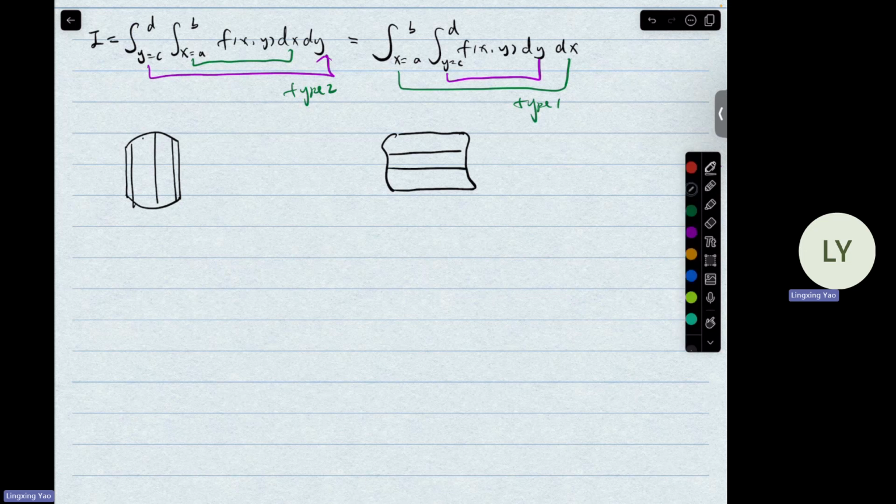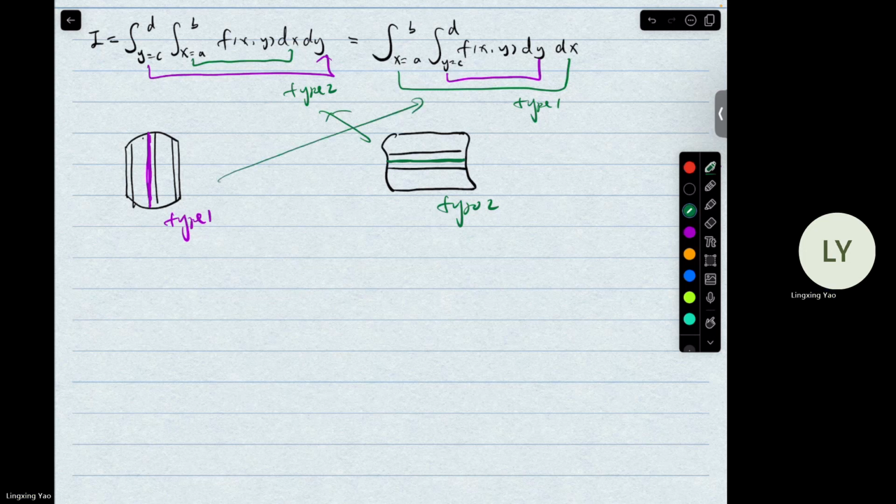Okay, so if we integrate along the vertical line first as the interior integral, then this is a type 1 region. And if we integrate on the horizontal line as the interior integral, then this is a type 2 region.